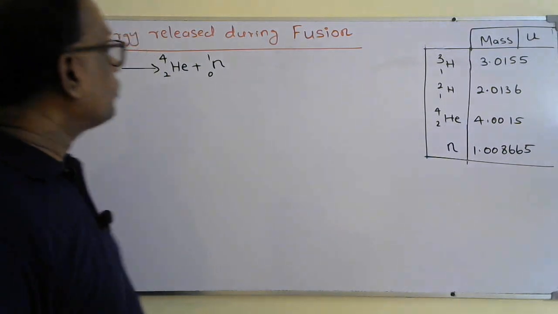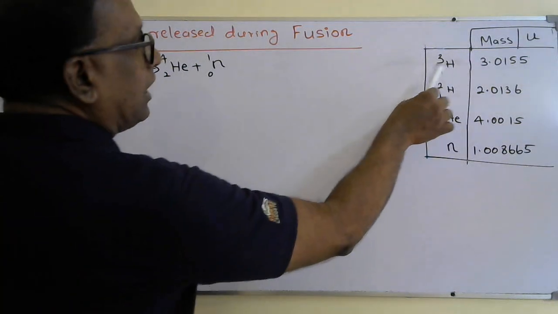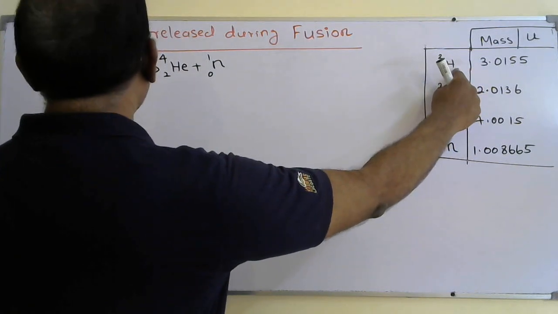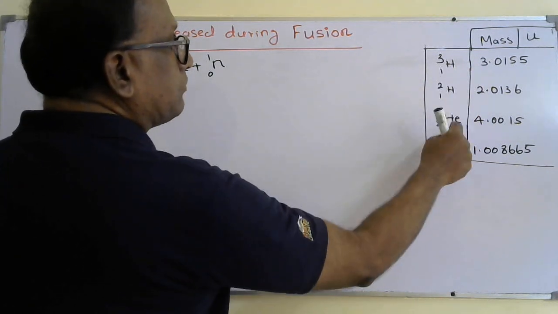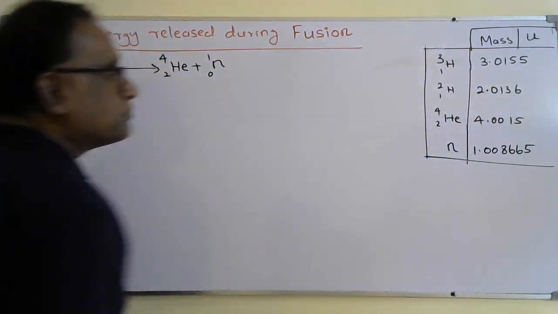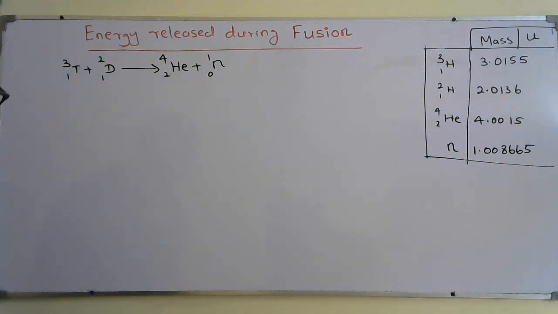First method: we'll find the masses of tritium (3H1), deuterium, helium and neutron, given in unified atomic mass units. We start with total mass energy conservation.